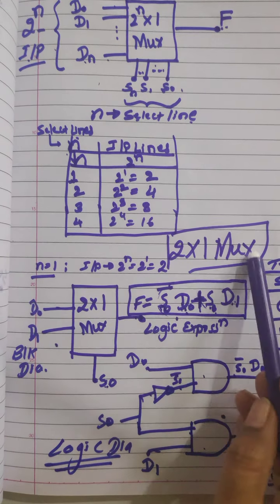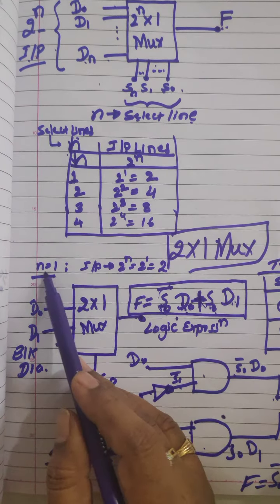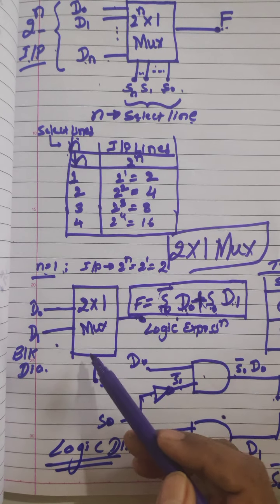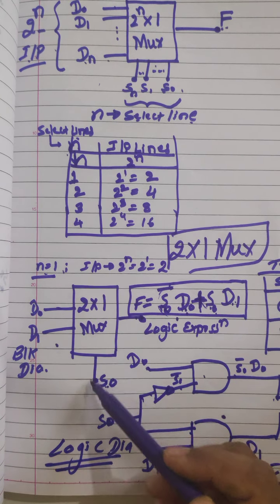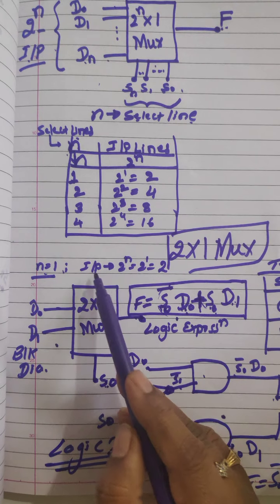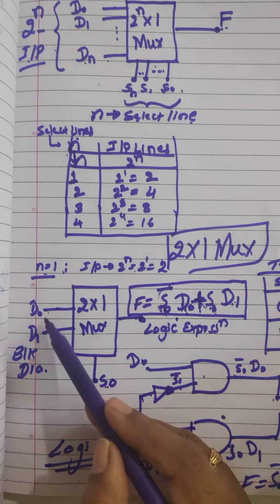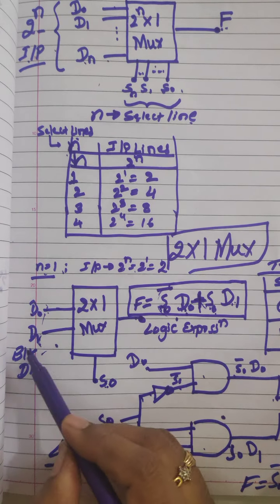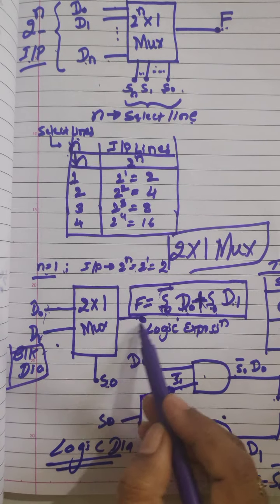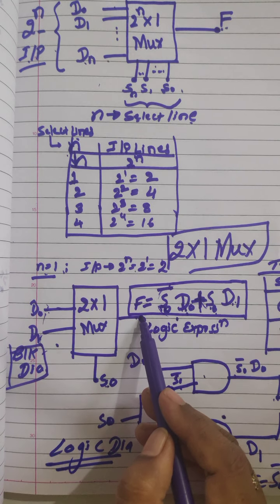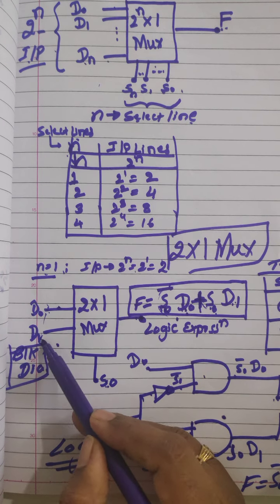In the 2 cross 1 mux, n is equal to 1, so only one select line is there. How many inputs are there? 2 raised to n, that is 2 raised to 1, which is 2 inputs. D0 and D1 are the 2 inputs, and F is the output. F is either D0 or D1.